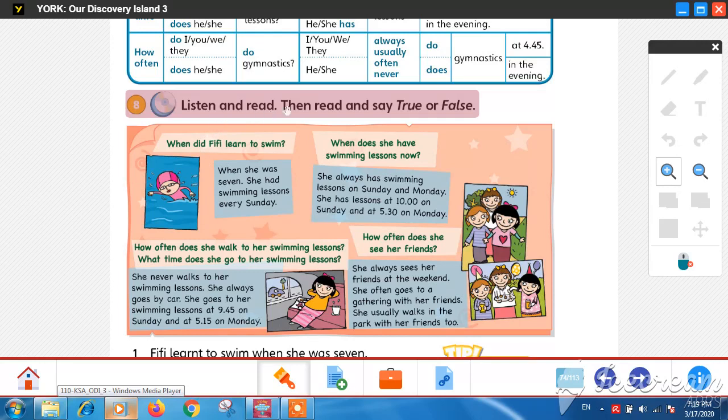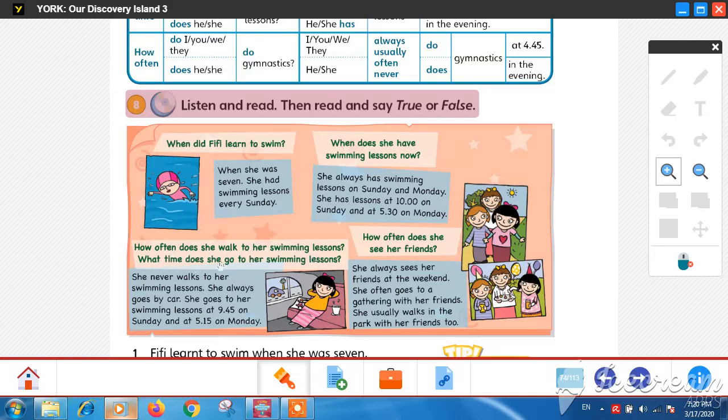Listen and read. Then read and say true or false. When did Fifi learn to swim? When she was 7, she had swimming lessons every Sunday. When does she have swimming lessons now? She always has swimming lessons on Sunday and Monday. She has lessons at 10 o'clock on Sunday and at 5:30 on Monday. How often does she walk to her swimming lessons?